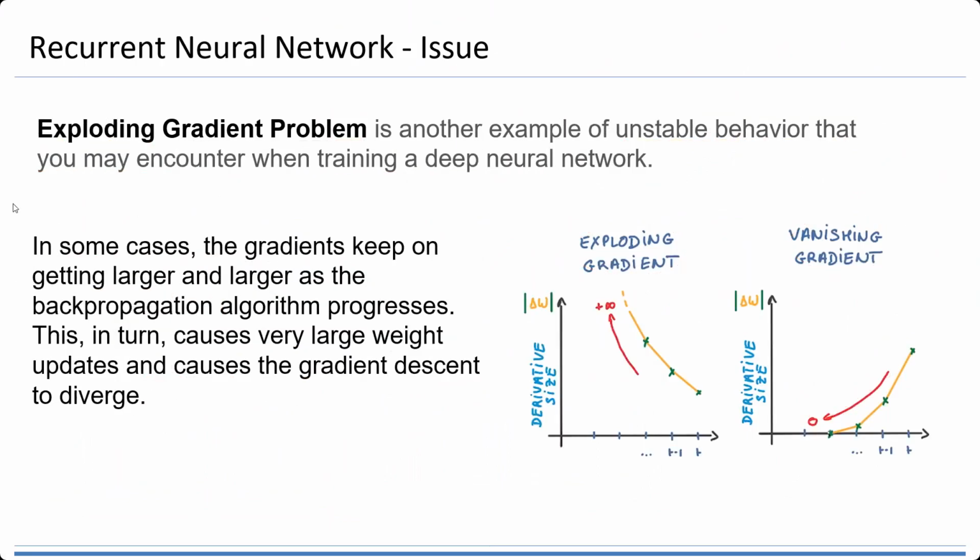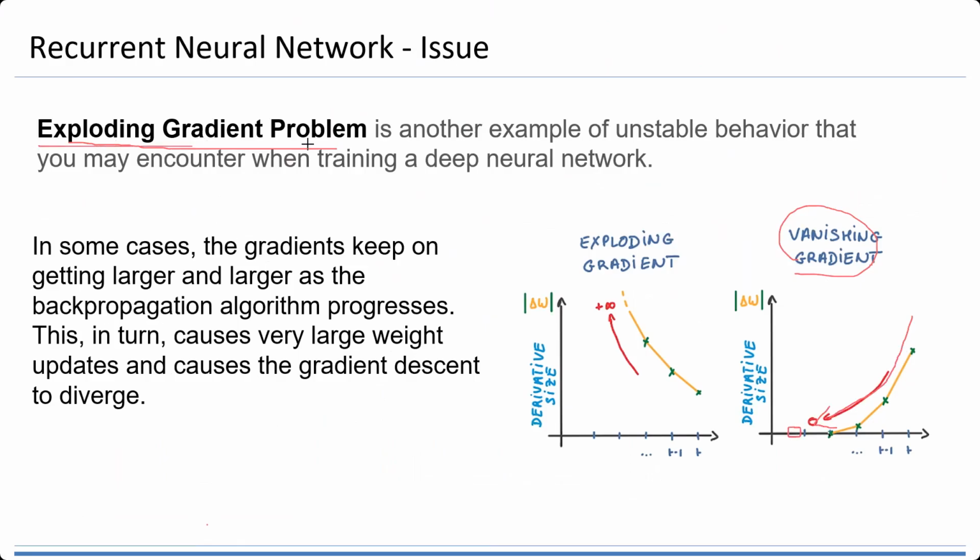And we have another issue, which is the exploding. Exploding is the opposite of vanishing. The vanishing gradient means the value becomes nearly zero, or it can be zero.